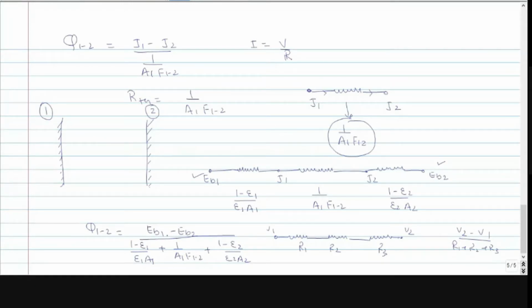And you can put over here, let me go for the simplifications. Q12 equals EB1 minus EB2 divided by 1 minus E1 upon E1 into area 1 plus 1 upon A1 into F12 plus 1 minus E2 upon E2 into A2. Now I put it down as per the Stefan-Boltzmann law. I know that EB equals sigma into T to the power 4 for the general purpose.